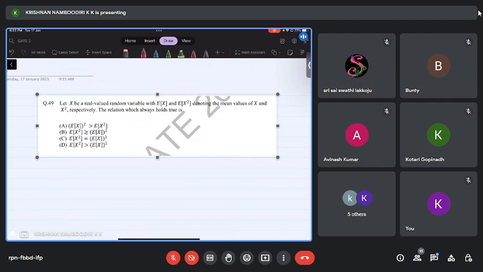Let capital X be a real valued random variable with expectation of X and expectation of X square denoting the mean value of X and X square respectively. Which relation always holds true? So how will we proceed? There is a simple trick or one definition that you have to use here.